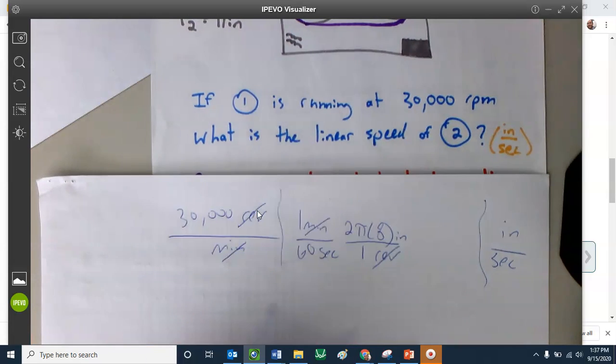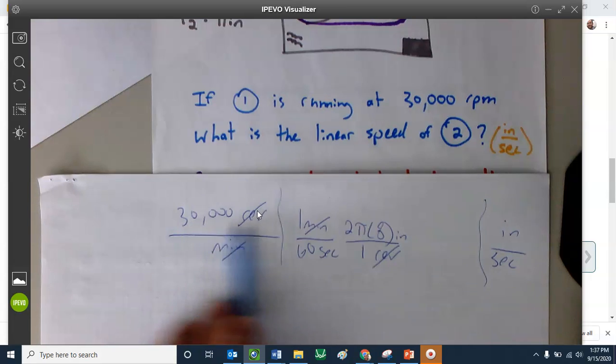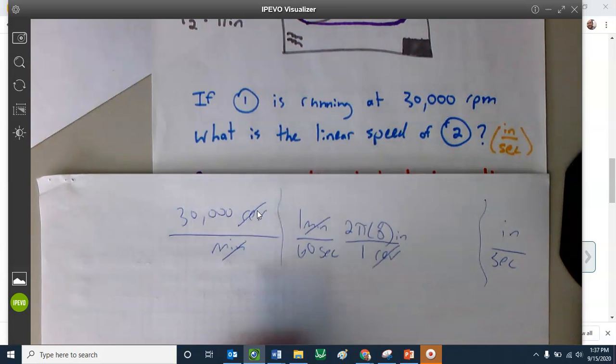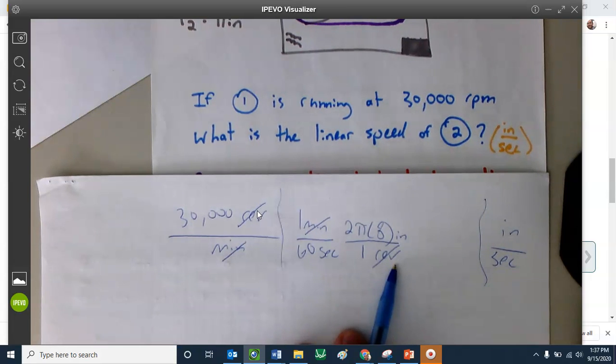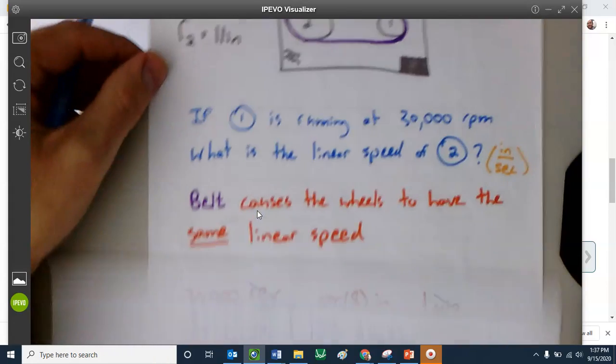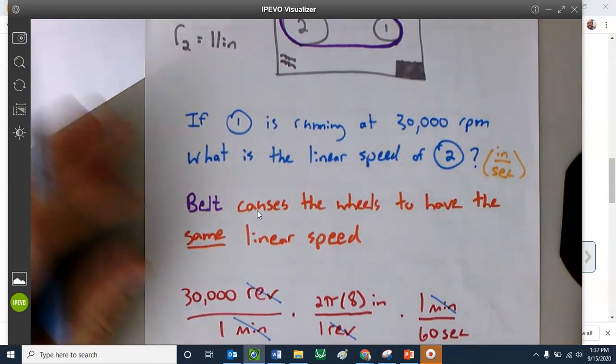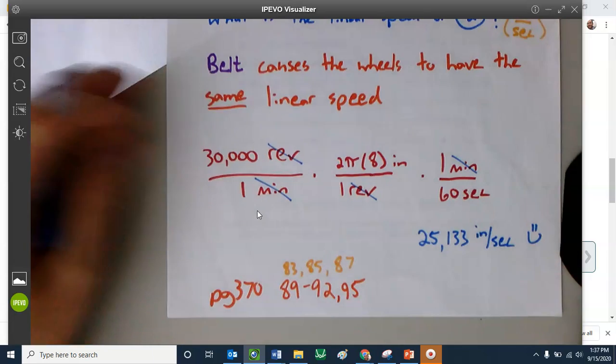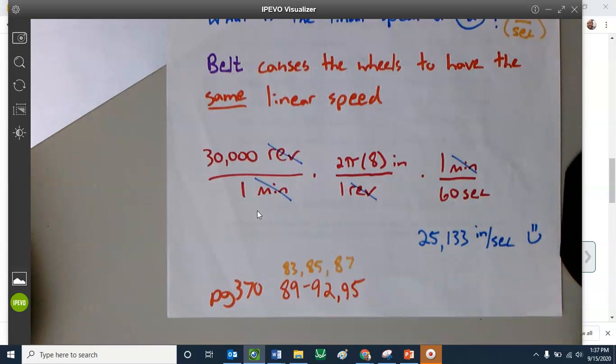Revolutions cancel. I'm left in inches per second. The last step is just to multiply everything on top, divide by everything on bottom. Okay. Still a pretty big number. 25,133 inches per second.